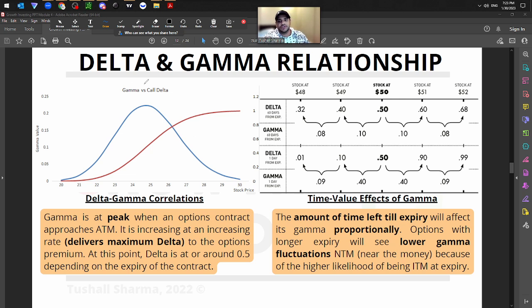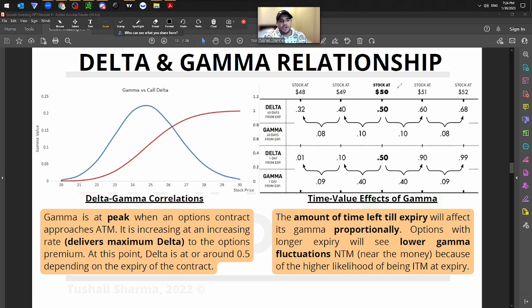In other words, this whole slope tends to go a bit lower. So the amplitude of the gamma becomes lower. Now, if it's a short-term contract, a weekly expiry, then the amplitude can increase. So the sensitivity is even more increased, right? Okay, and so this is how gamma changes based on the time value effect.